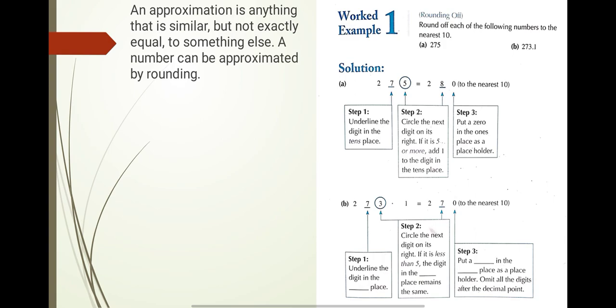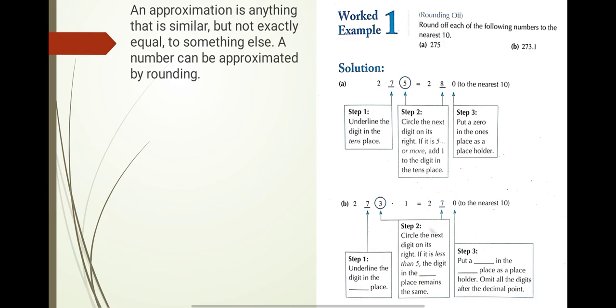Step 3, put a 0 in the ones place as a placeholder. All right. So if it was 271 or 72 or 73 or 74, you just round it down to 270.